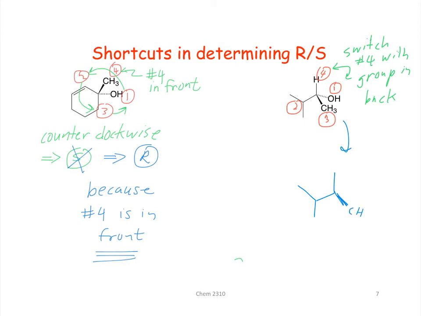We didn't do anything to the methyl group, that's still there. But we switched those groups, so now our H is in the back and the OH is pointing up. All right, so now let's write out our rankings. OH was 1, isopropyl 2, methyl 3, H 4. Let's do our rotation. 1 to 2, 2 to 3, 3 back to 1, counterclockwise.